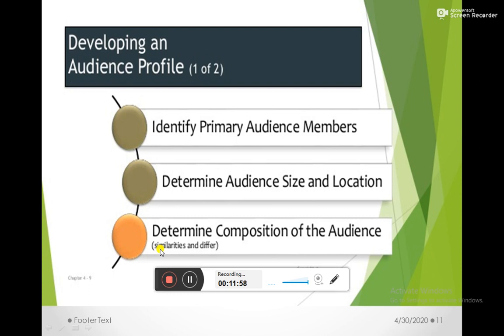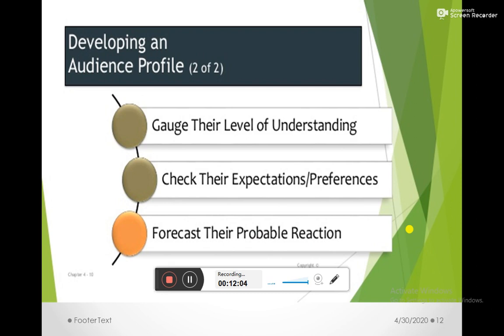So these are the three points, and moreover we have some other points as well. For example, the fourth is their level of understanding. Gauge their level of understanding: if audience members share your general background, they will probably understand your material without difficulty. If not, your message may need an element of education.